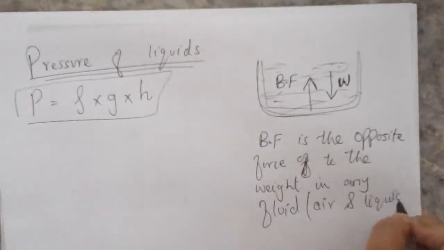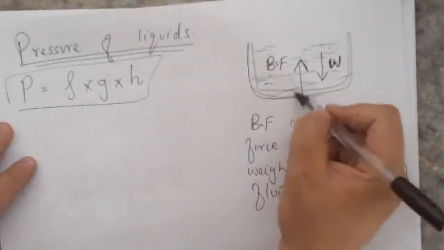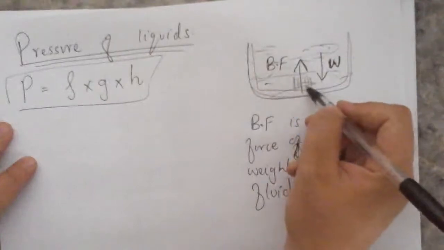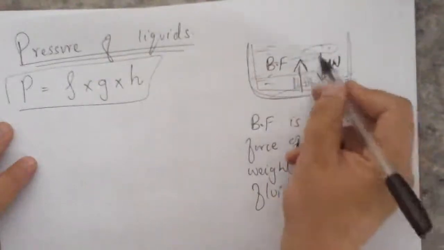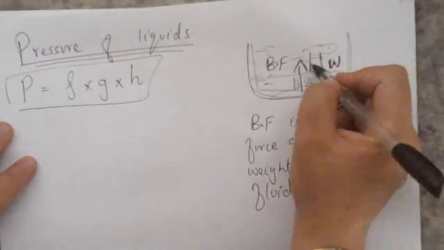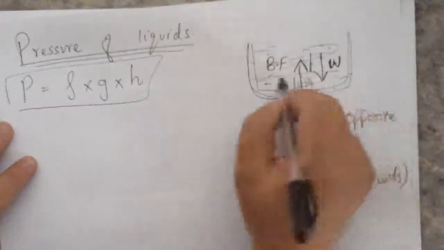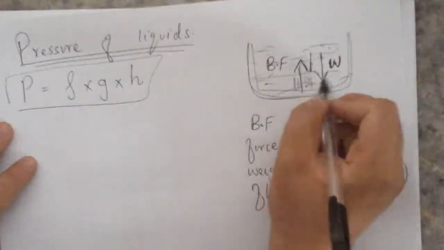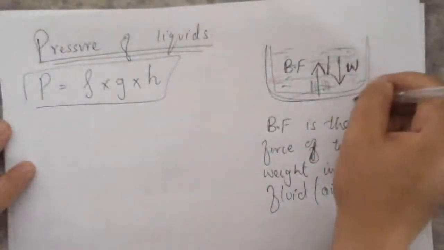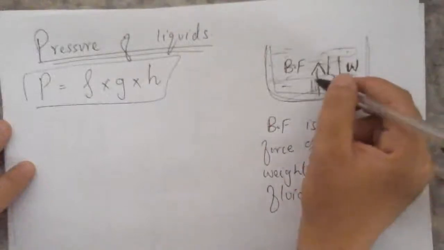Here the gas particles or the liquid particles act opposite to the weight when something is immersed. When you put something in water, what happens? The water molecules act as something opposing the weight. So when you put something in water, the weight gets decreased. Why? Because of the buoyant force.